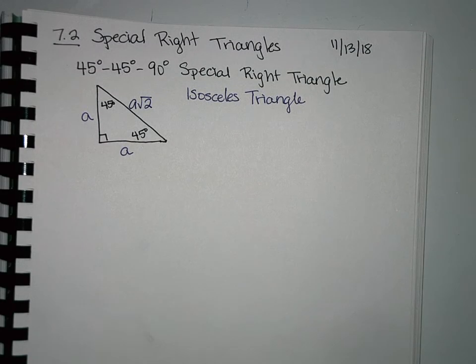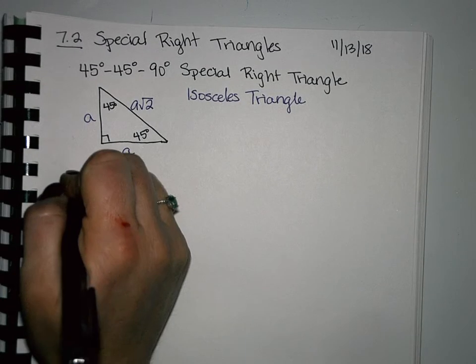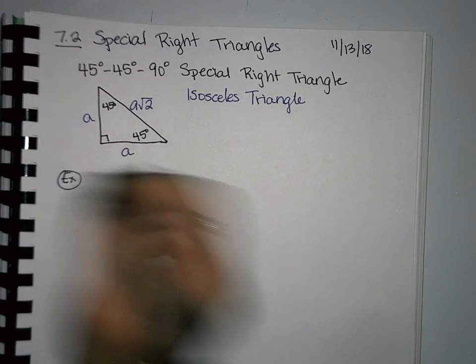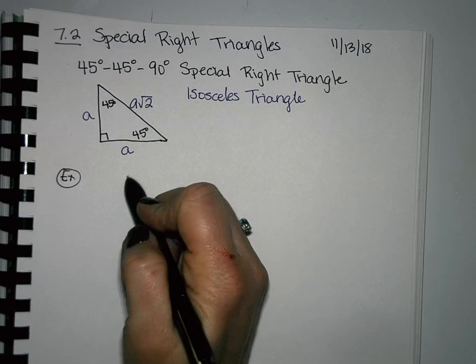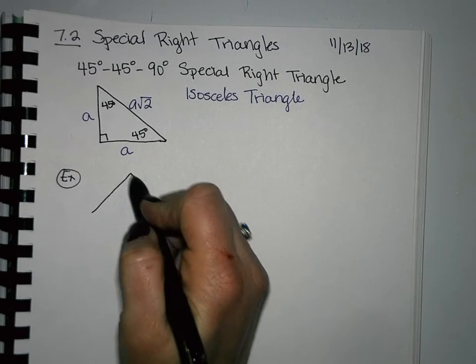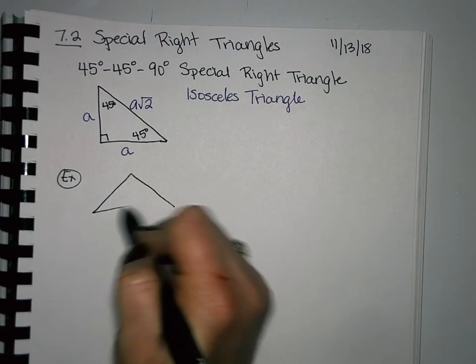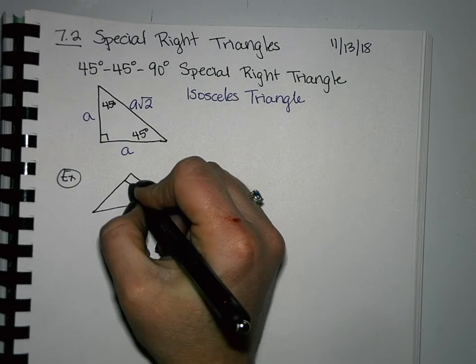So we're going to go through 5 examples, where all we're going to do is try to find side lengths given different pieces of information. And this is what we're going to be working on for our homework tonight as well, just this one pattern and how to find different sides given different information.